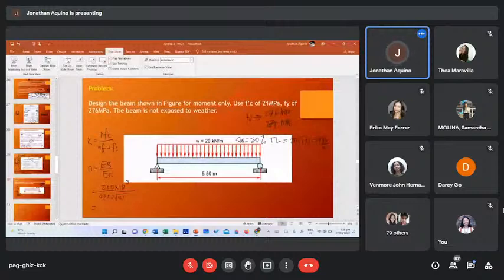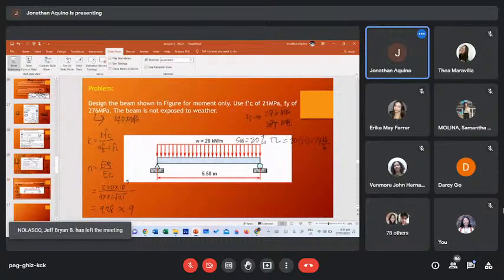So n is 9.28. So say n is 9. So in determining n, always use the whole number lang. Okay? So just neglect the decimal. Meron tayong fc, 0.45 f'c. Fs is given. So fs for grade 40 or 276 megapascal is 140 megapascal.